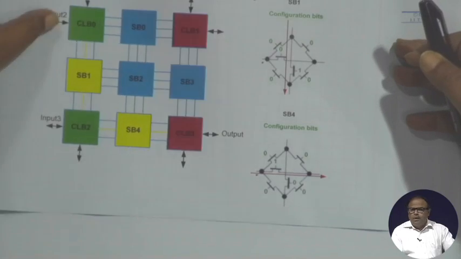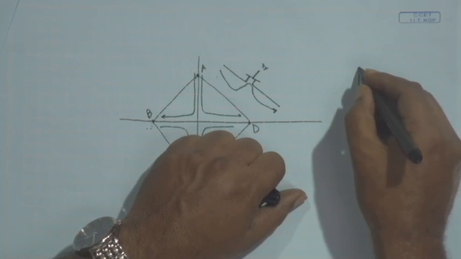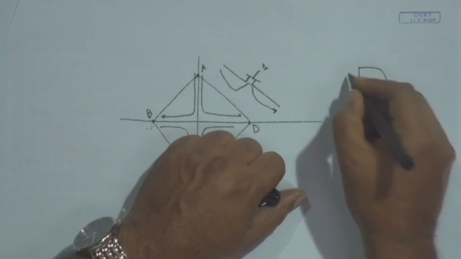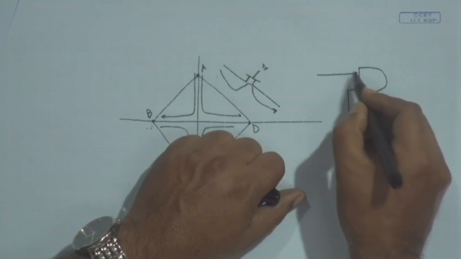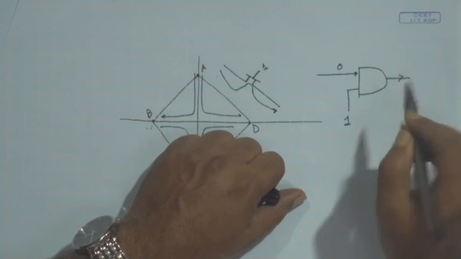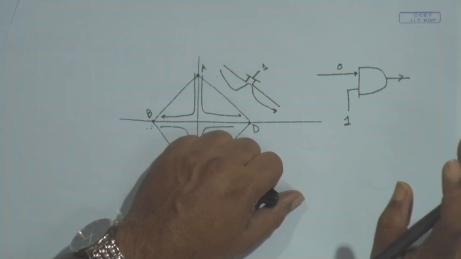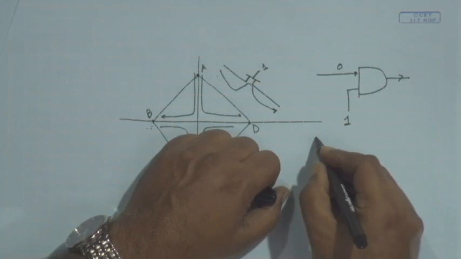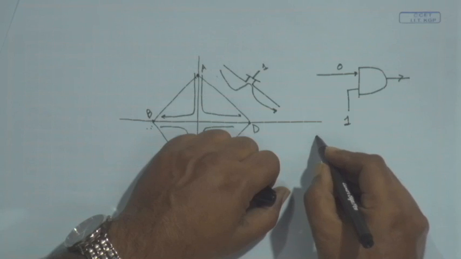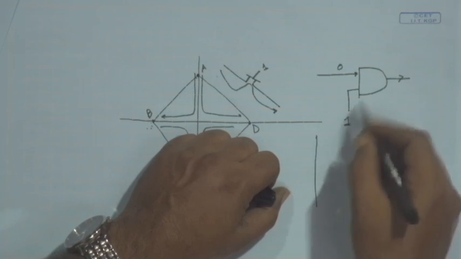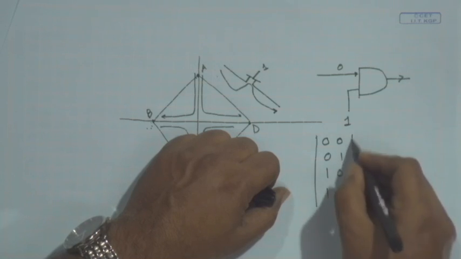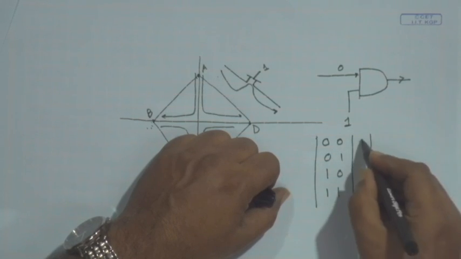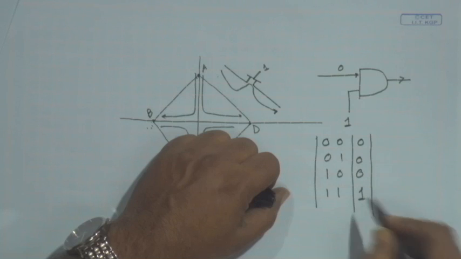Absolutely, I can do that with a simple AND gate with one input at 1, and whatever is coming in will go out here. So, my truth table will be that of a 2 input AND gate, 0 0, 0 1, 1 0, 1 1, and the outputs will be all zeros and this one 1.